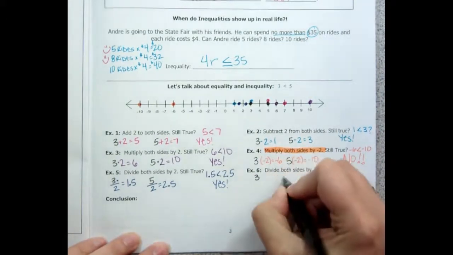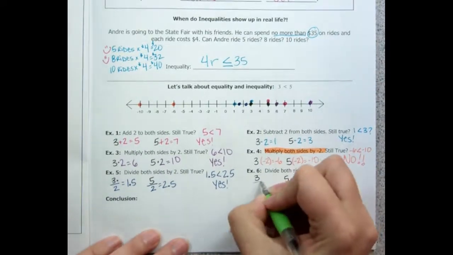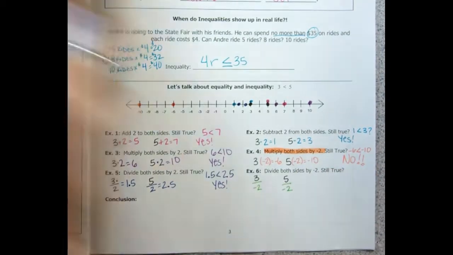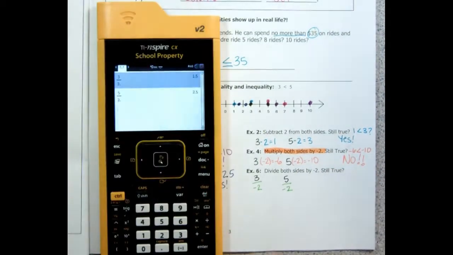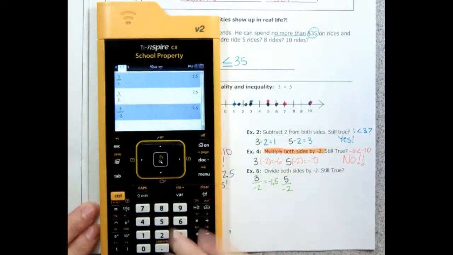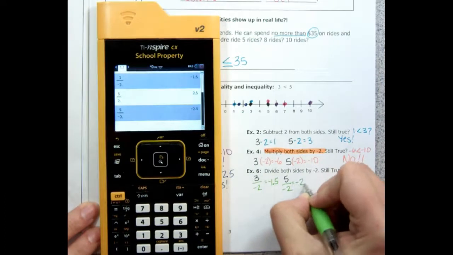Okay, one more to try. I'm going to start with 3 and 5. And this time I'm going to divide by -2. And again, because I know you all like calculators, 3 divided by -2 decimal point gives me -1.5. 5 divided by -2 decimal point is -2.5.